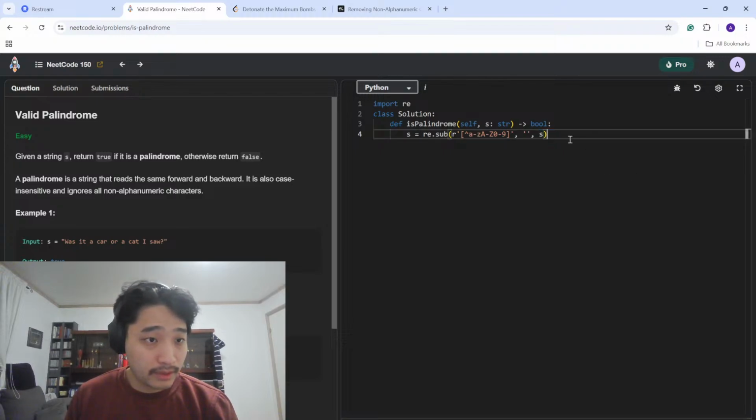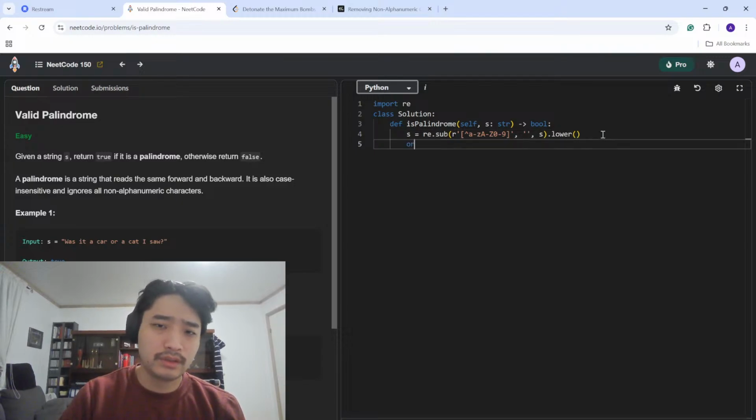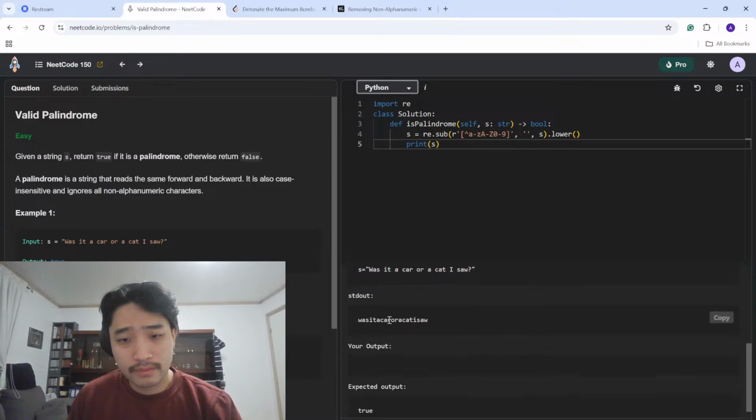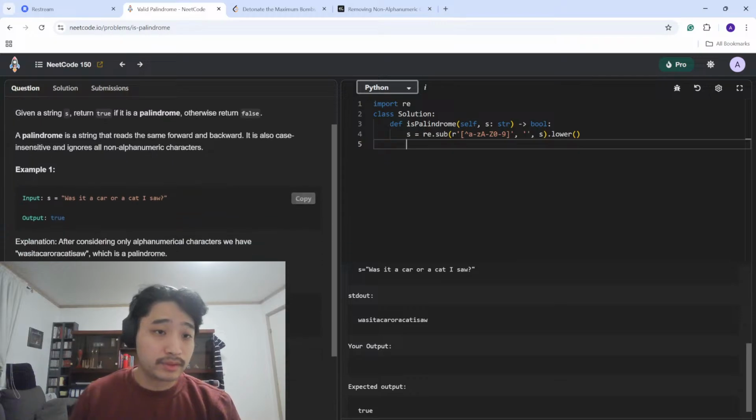And it's also case insensitive, so it doesn't matter. Can I do lower? Just testing if it worked. Yeah, it worked. And now, yeah, well, two pointers.